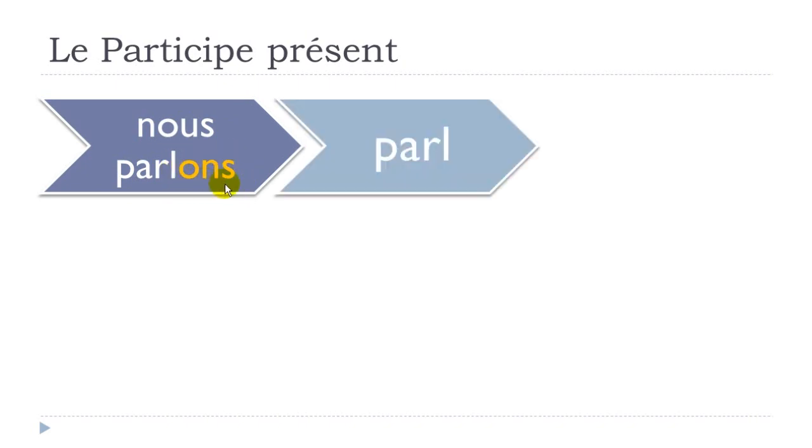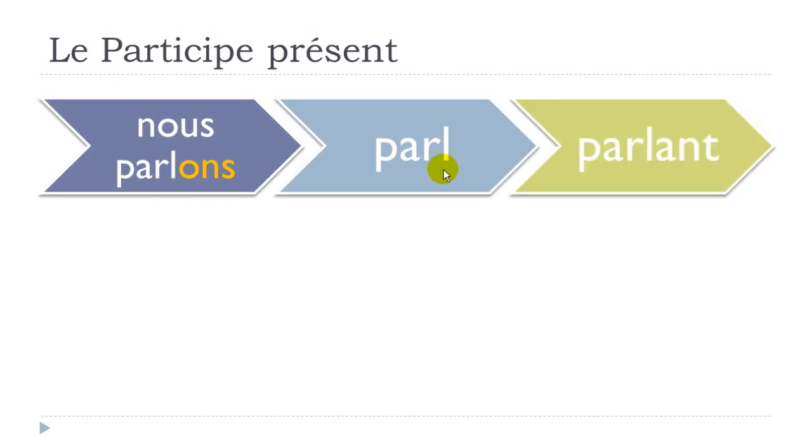Then you will take it away, so we keep this P-A-R-L part, and at the end we will add A-N-T. Alright, so we get here this participe présent form. Okay, so remember, nous form at the present tense, and then you spot the ending ONS, you take it away, you get parle like that, and then you just add this A-N-T at the end, and you will get this participe présent. Okay, so I took, just to start, this parler. Parler is to speak or to talk, and it's the first group, so it's actually quite easy to make.